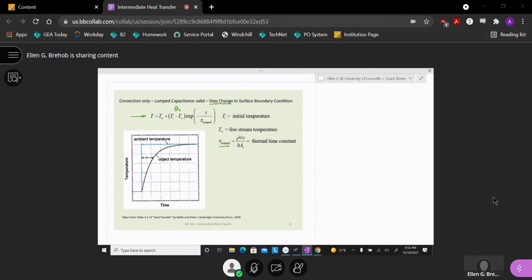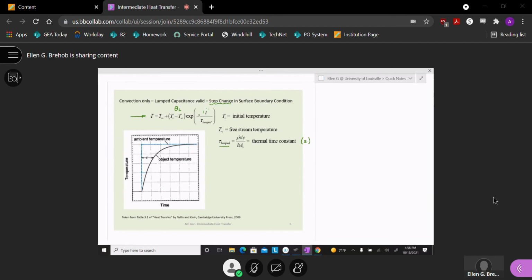It makes this equation look pretty clean and neat to introduce this thermal time constant. I like that you're thinking it has units of seconds, or some time units, so that we get that ratio having no units.